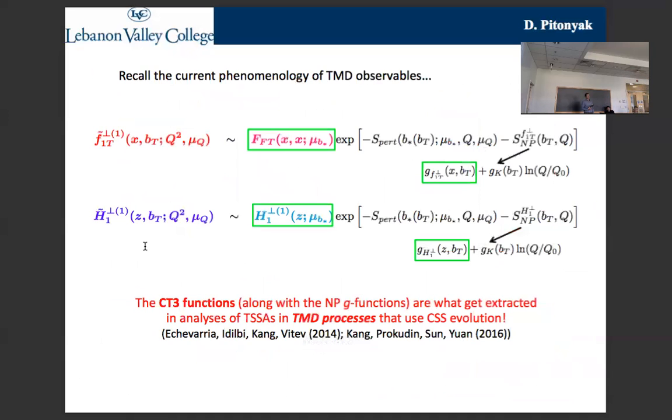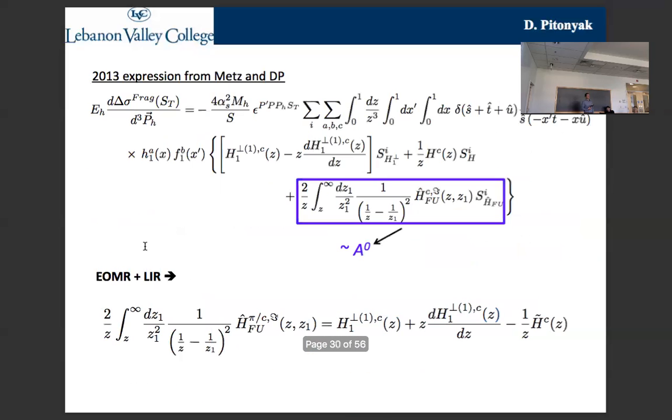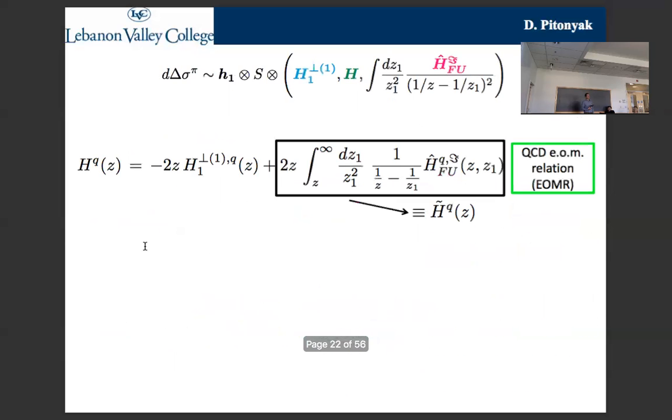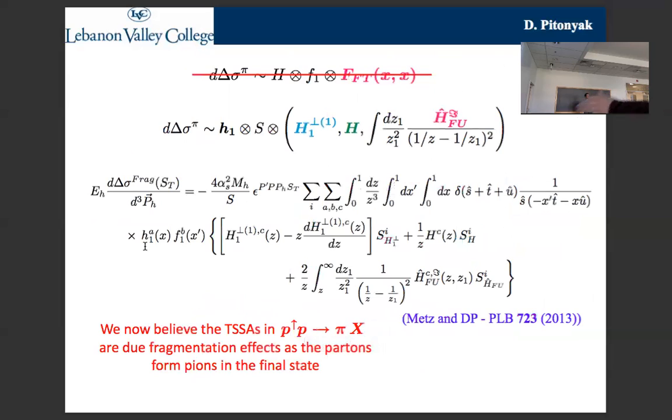It's the TMD approach. But the point is that these functions here are what show up in the collinear twist 3 approach. So we're using the collinear twist 3 approach where it should be used with A sub n, and we're using the TMD approach where it should be used with SIDIS and e+e-.